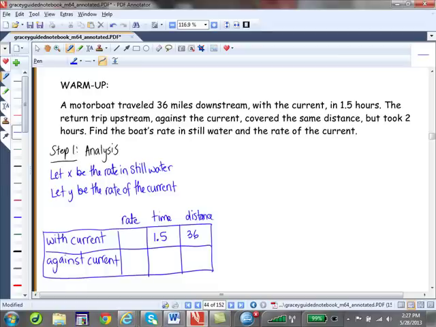So it would be your rate in still water, which is x, plus the rate of the current. Similarly, when you're going against the current, the current is pushing against you, so it'd be your rate in still water minus the rate of the current. In this case it took 2 hours, and it says return trip, which was the same distance, so the distance will be 36 miles, right?